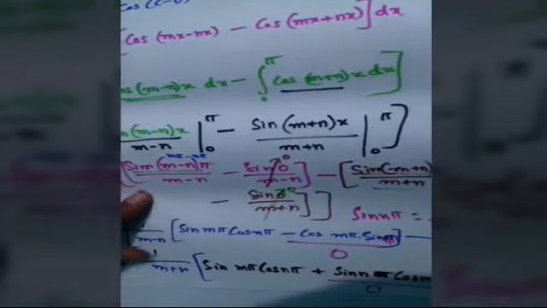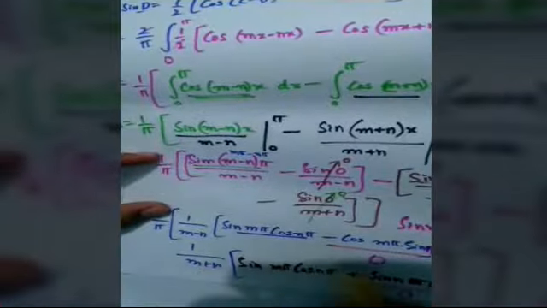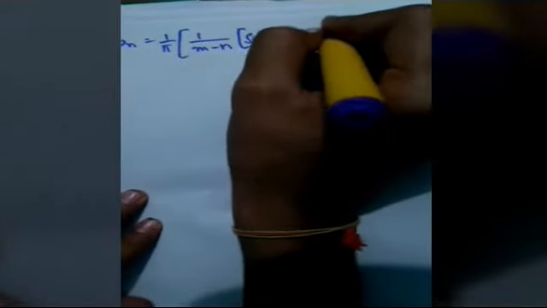Here if you see, sin n pi is equal to 0 for any integer, therefore this term is 0 and this term is 0. Therefore we can write Bn is equal to 1 by pi, 1 by (m minus n) into sin m pi cos n pi, minus 1 by (m plus n) sin m pi cos n pi.